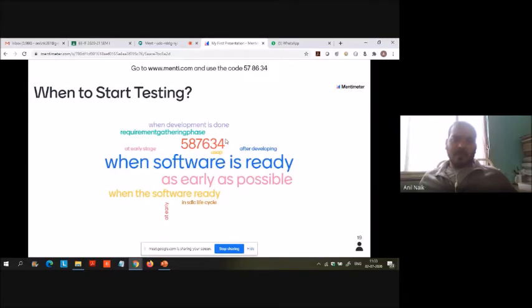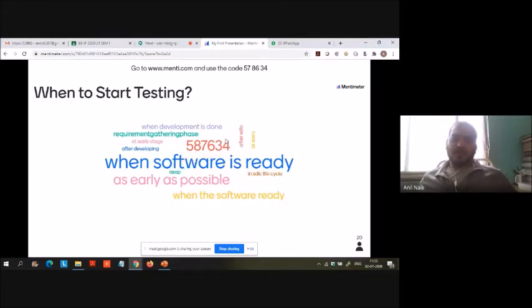We are getting different answers: requirement gathering phase, after developing, at an early stage. Only a few students are participating, around 20.